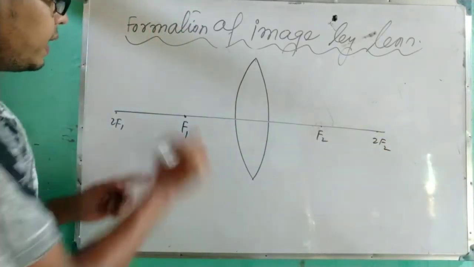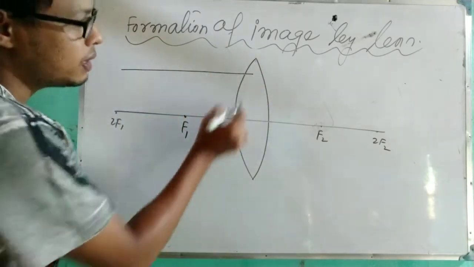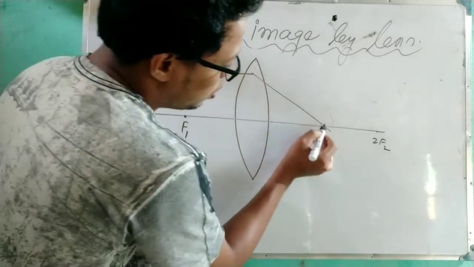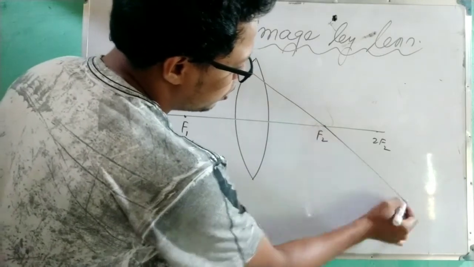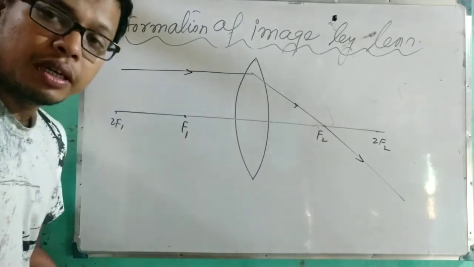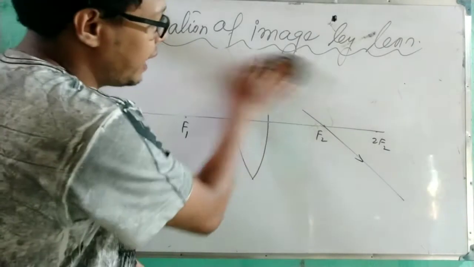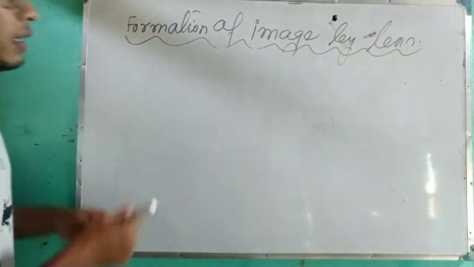So when the rays are parallel with the principal axis, then after refraction it passes through the focus. Now look, in case of concave lens, what will happen? This is rule number 2.